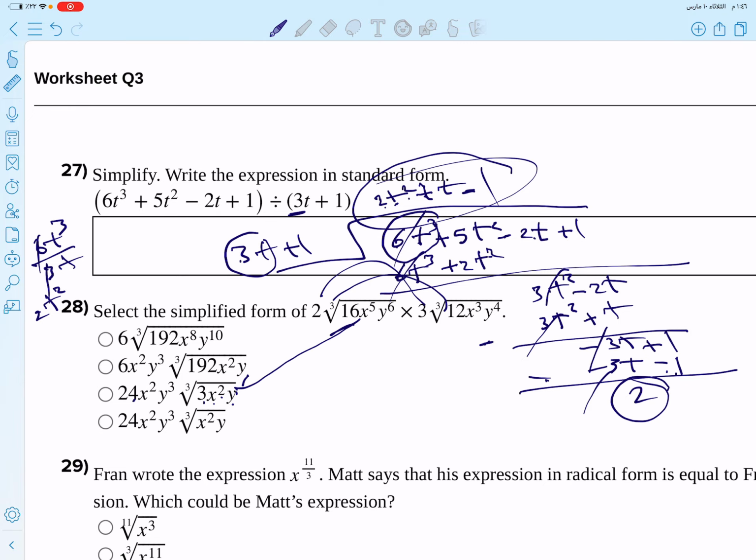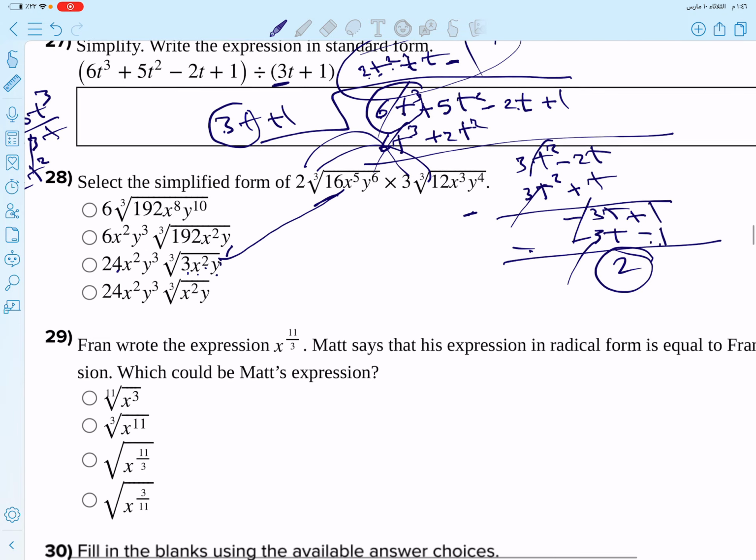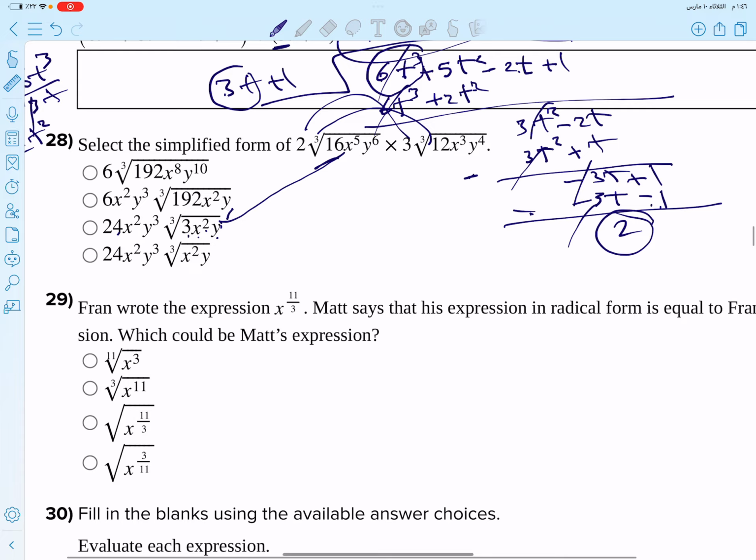Okay, you can solve that easily. Okay, now how do I write this in radical form? I have 3 here, so the index will be 3 and x to power 11. Okay, yeah, where the answer here.